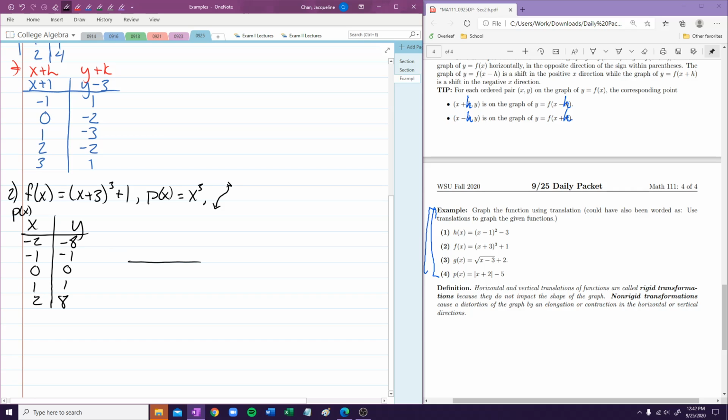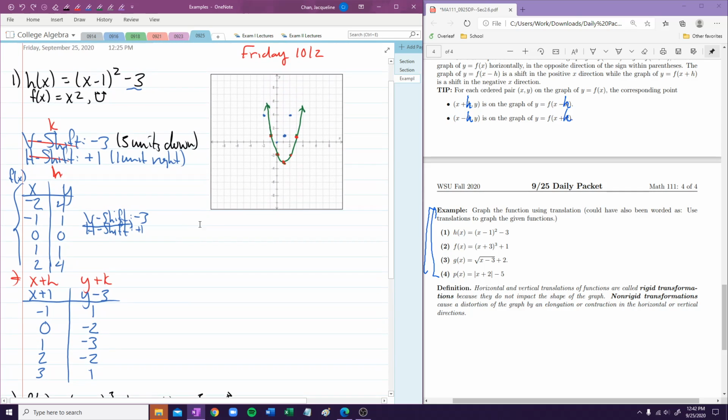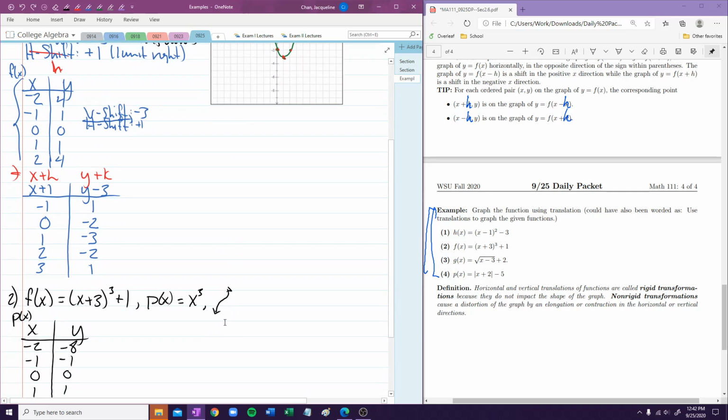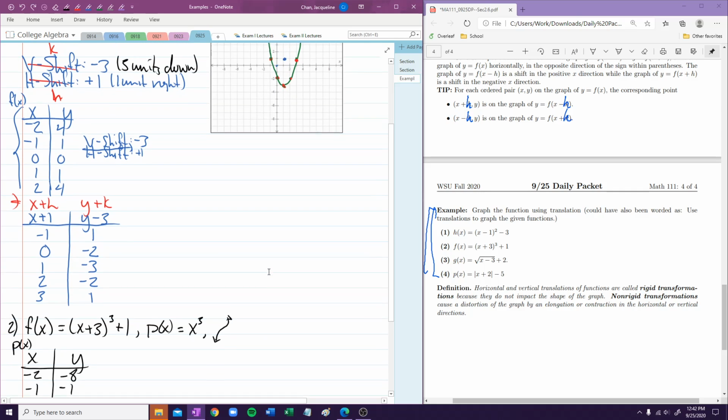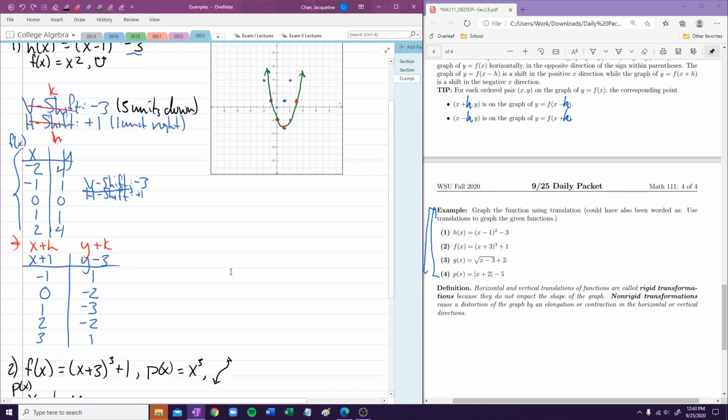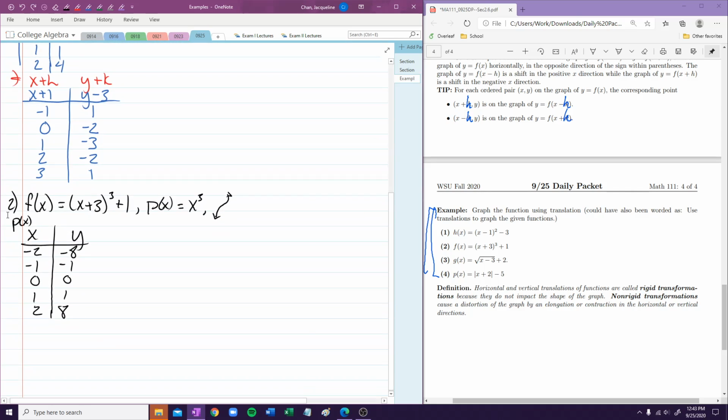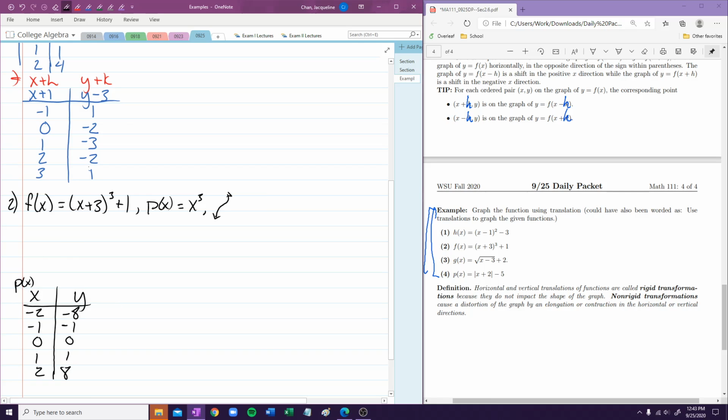So now what we're going to do, I just keep skipping steps, aren't I? First, you want to think about the parent graph and the general shape of that graph. And then before you talk about p of x, you should think about the vertical and horizontal shifts. To be honest, it really doesn't matter the order, but I'll try to be consistent.